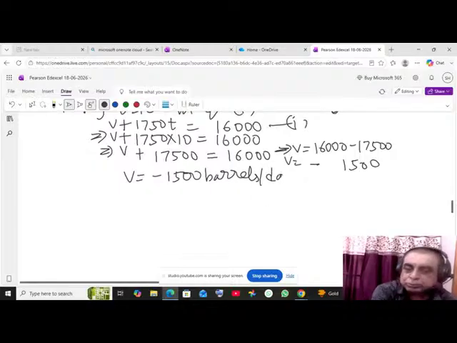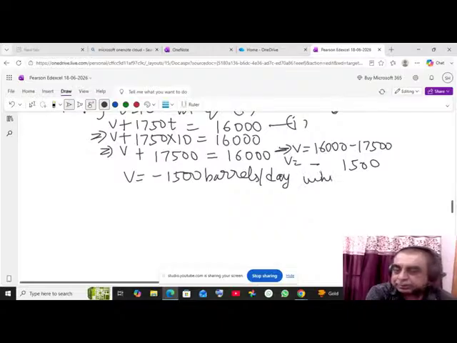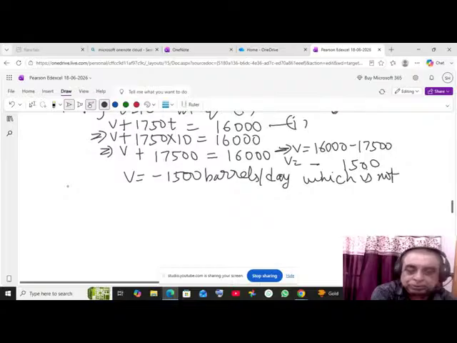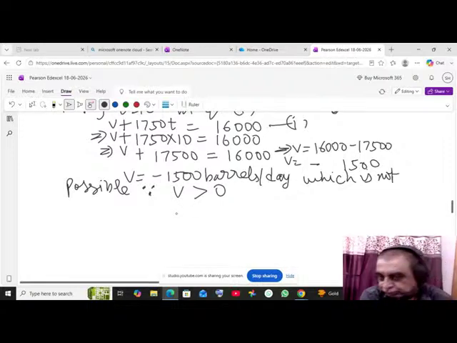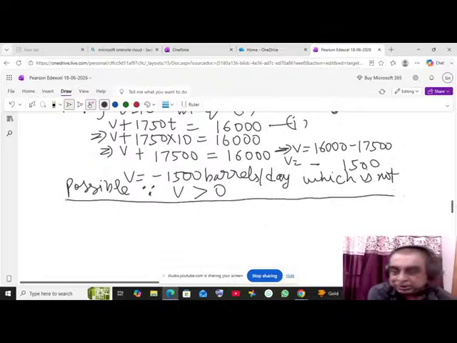This will be the amount of oil drilled after 10 years, which is not possible because the V value has to always be greater than 0, not less than 0. So that is the limitation. I hope you have understood.